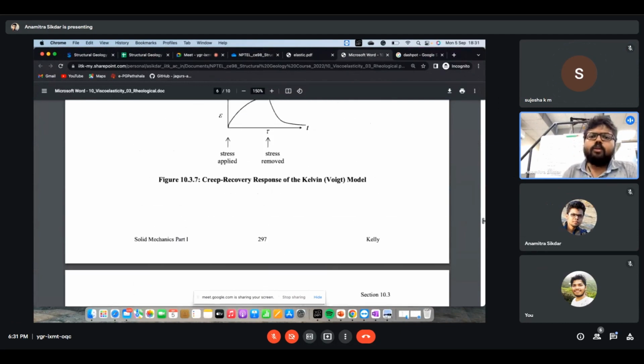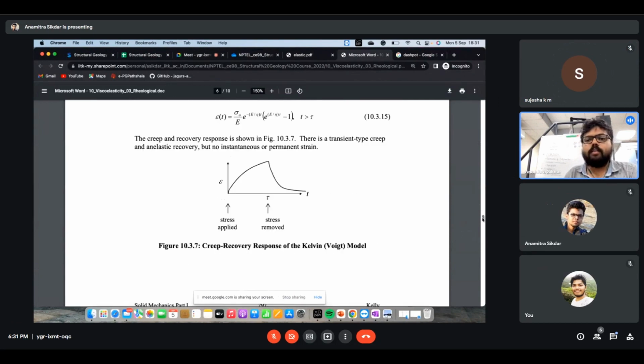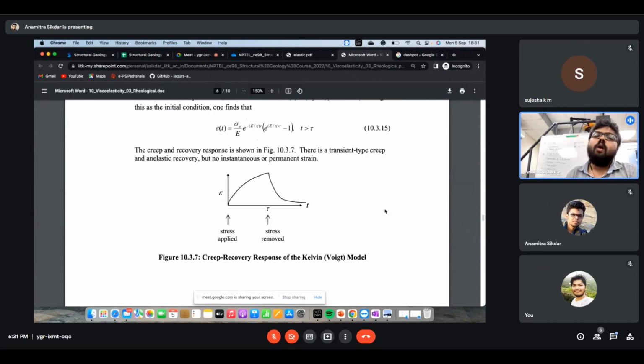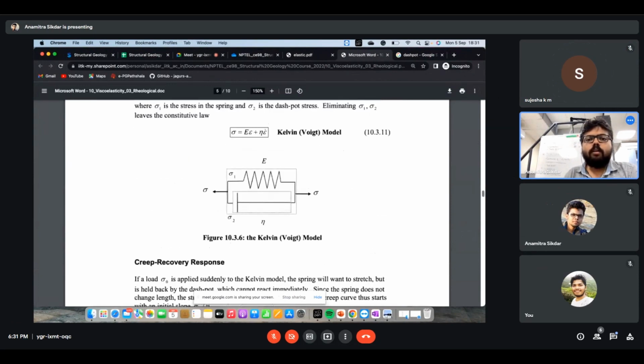So the difference between the Maxwell model and the Kelvin Voigt model is the reaction time, right? So when you stop, the recovery response is longer in case of the Kelvin Voigt model, right?